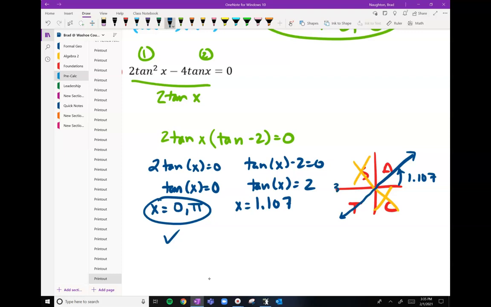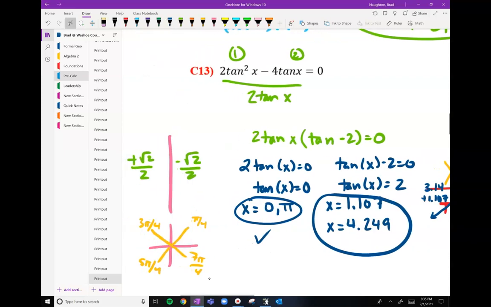Well, if this is 3.14, AKA pi, I'm going to add the 1.107 to find out what that x is as well. So that x is going to go ahead and give me 4.249. And thankfully, it's not talking about any mapping, so we're good to go. Sometimes it helps us out when we know what the directions are.